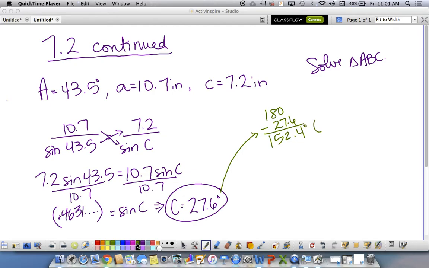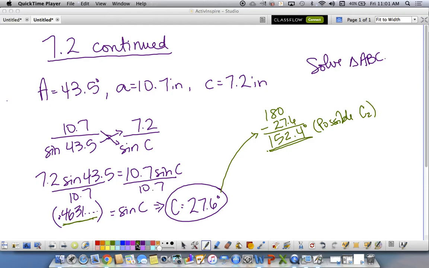That is a possible C2. I'm still putting possible because we don't know if it will actually work. What we do know is that sine of 27.6 gives this decimal, and sine of 152.4 gives this exact same decimal. That's one fact we know for sure.